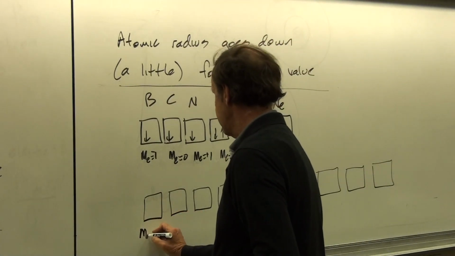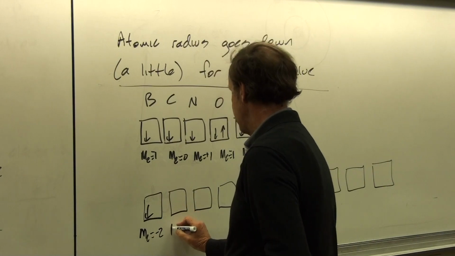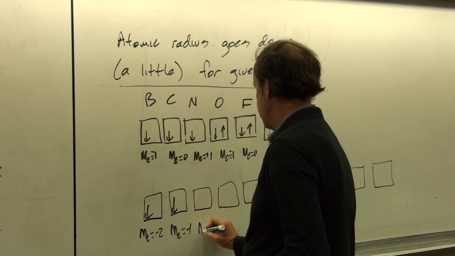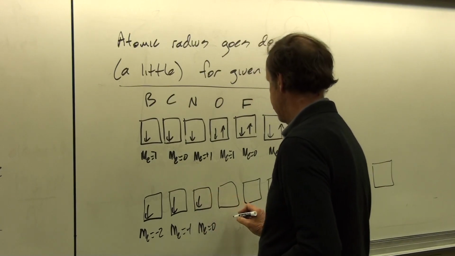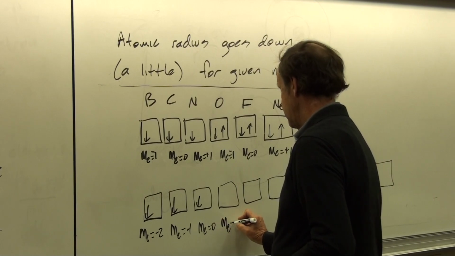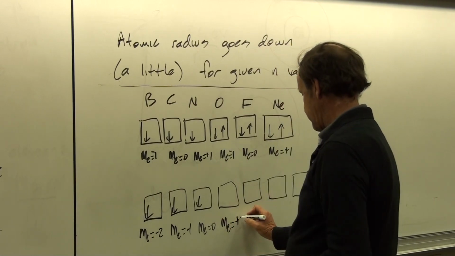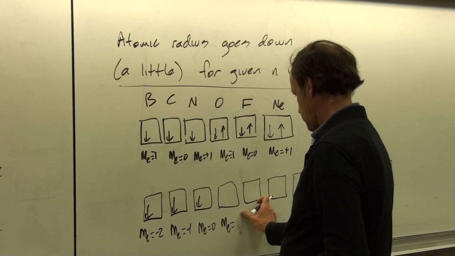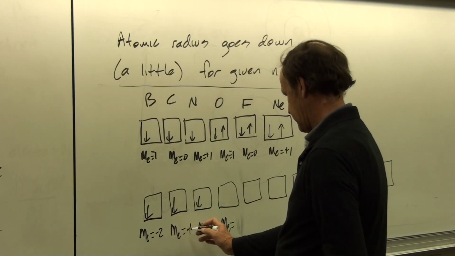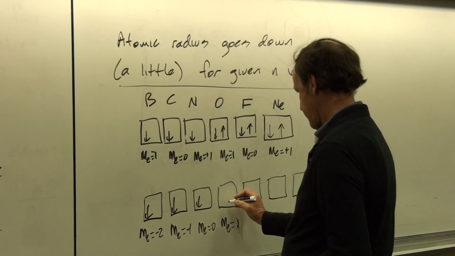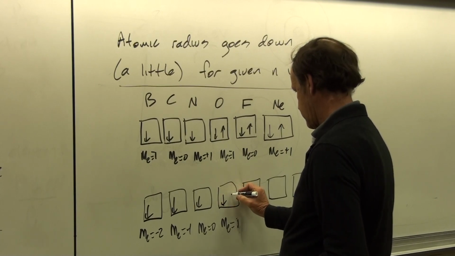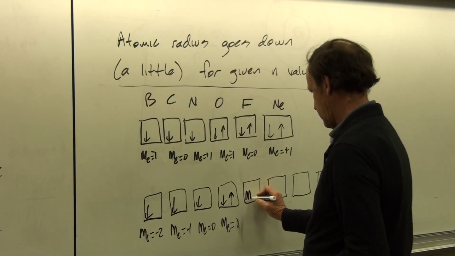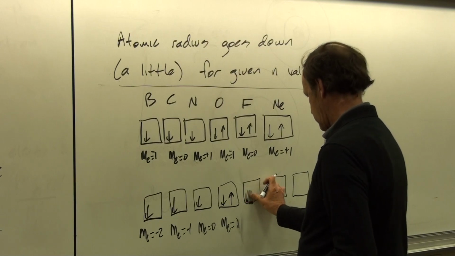Okay, so this would be m sub l equals -2, spin down, m sub l equals -1, spin down, m sub l equals 0, spin down, then m sub l equals +1, this would be -2, -1, 0, this would be +1, okay, and so that would correspond to this, and then m sub l would equal +2.